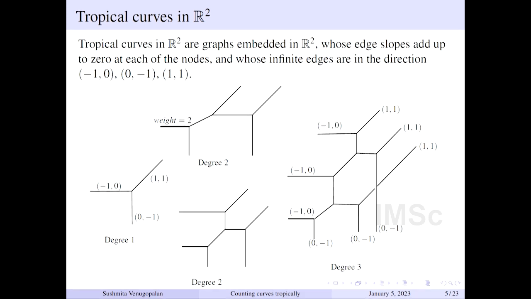Those add up to 0 at the junctions, and there's just one example where a slightly different slope is involved. Another condition is that the infinite edges have fixed slopes. That's again something you can verify in all three pictures: there are three kinds of slopes that occur for the infinite edges. Infinite edges are edges which just have one vertex and go out to infinity on the other side.